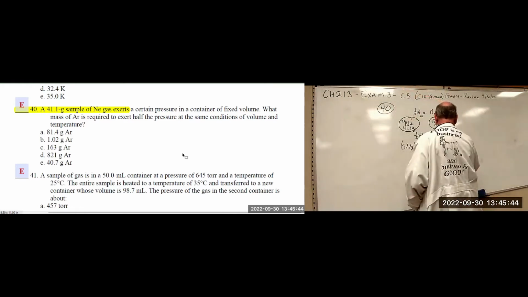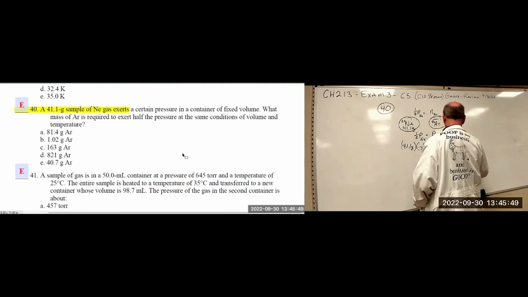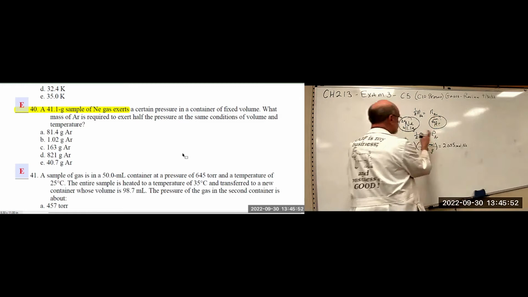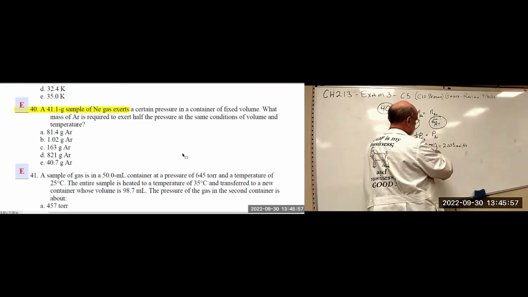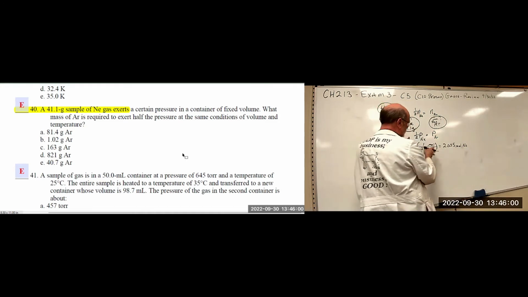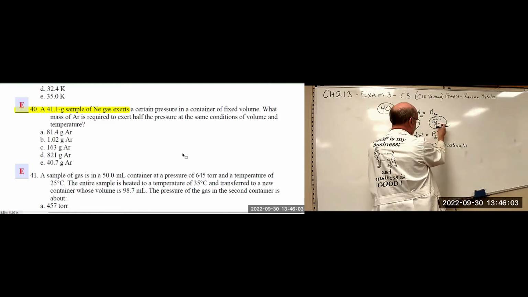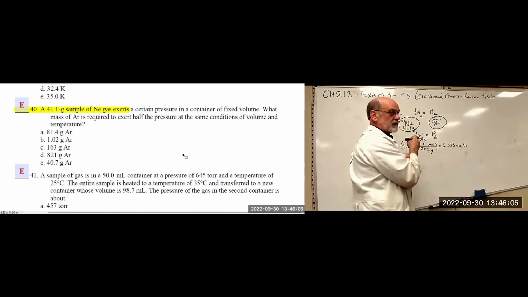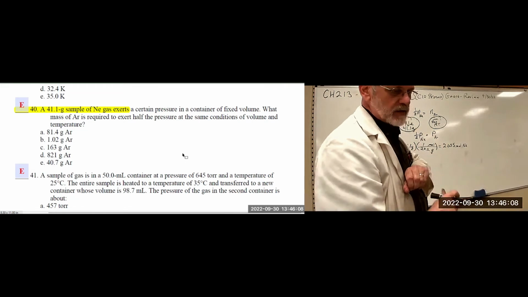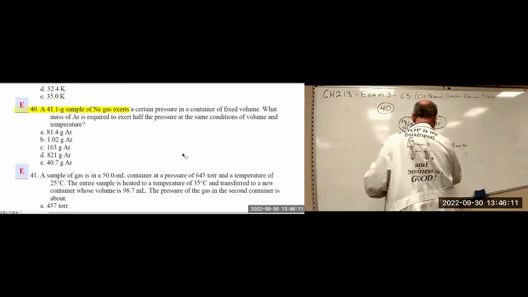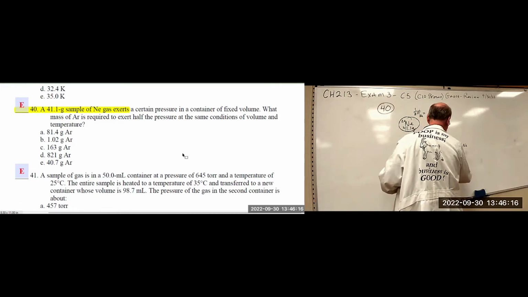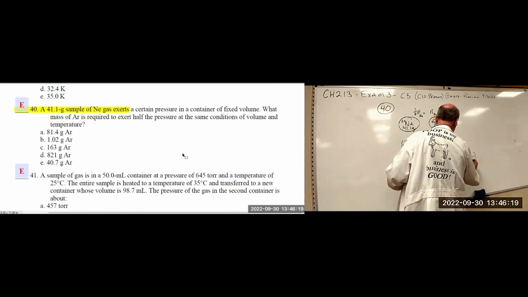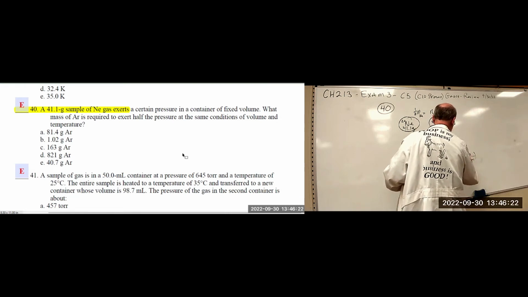2.035 moles of neon. And the pressure is related to moles. So if the pressure goes up, the moles go up; the pressure goes down, the moles go down. So in order to get half the pressure over here, we need half the number of moles, right? So divide that by 2, 1.017 moles of argon. So we can convert that to mass of argon.